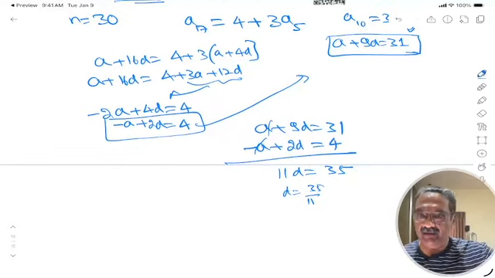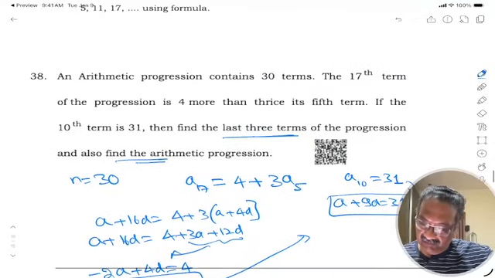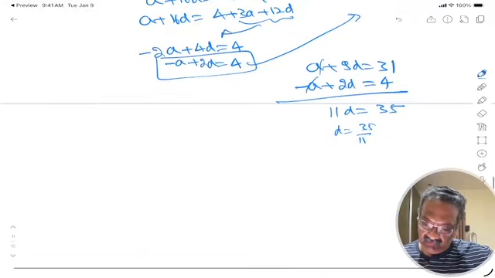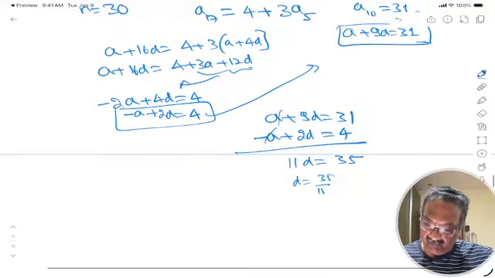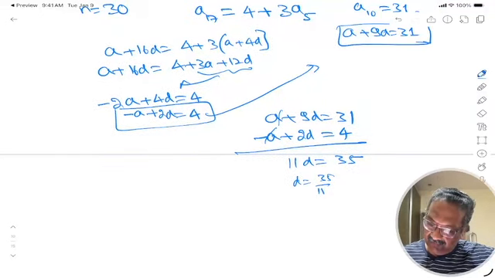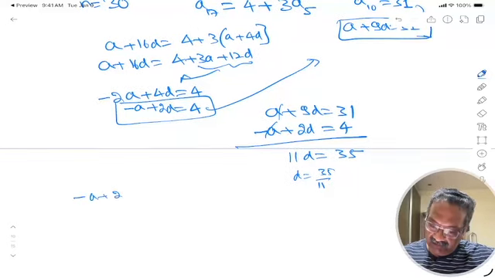So it will be a little tedious work here. I doubt, I think there is some mistake here. Okay, let's leave this. If you get D as 35 by 11, then what will A be? So minus A plus twice of 35 by 11 is equal to 4.